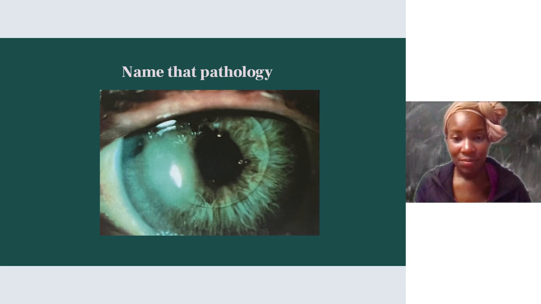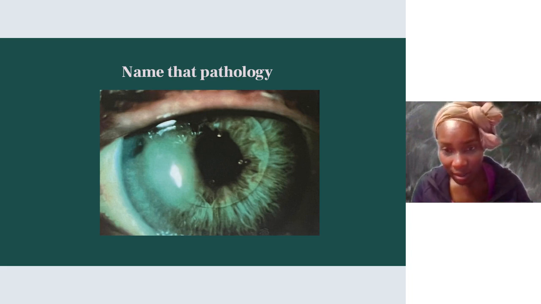Corneal ulcer. Corneal clouding. So that's actually a lens that's on their eye. But what about the left side? That's all cloudy. Or is that just their iris? RGP. Right.